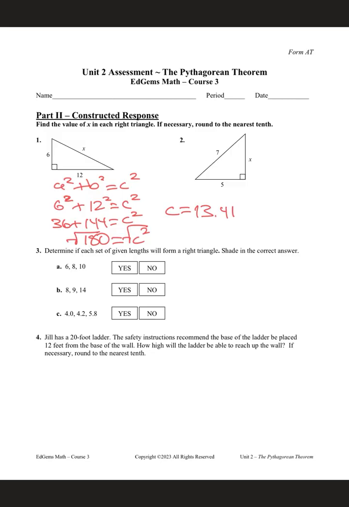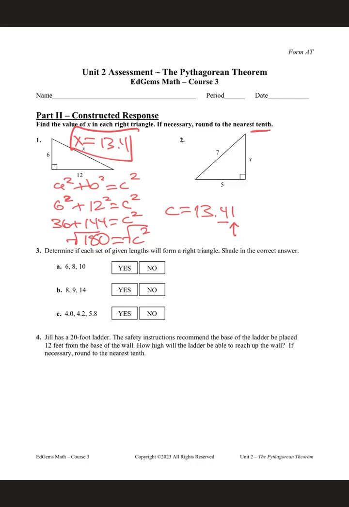So it says round to the nearest tenths place. So what number is in the tenths place? That is the 4. Let's look at the number to the right. It's less than 5, so the 4 stays the same. So x, number 1, is equal to 13.4.